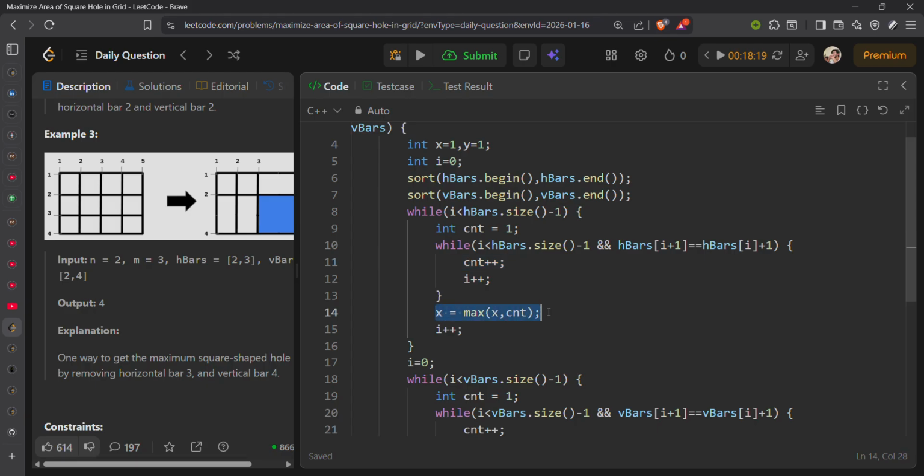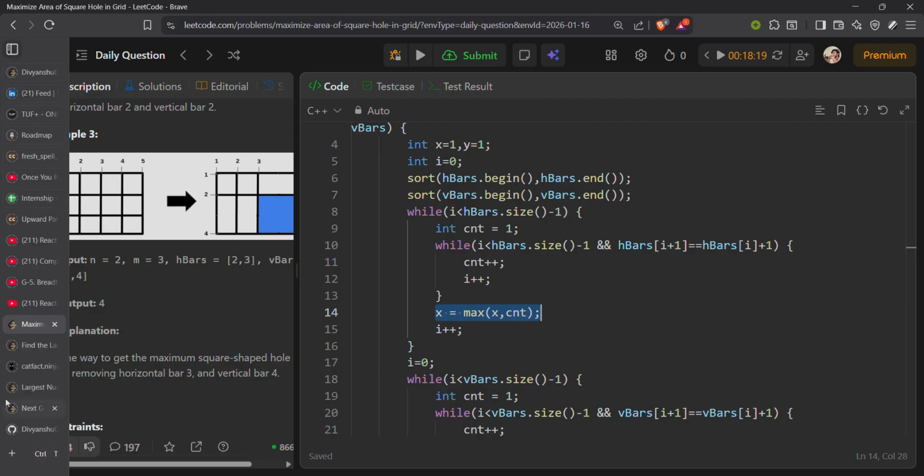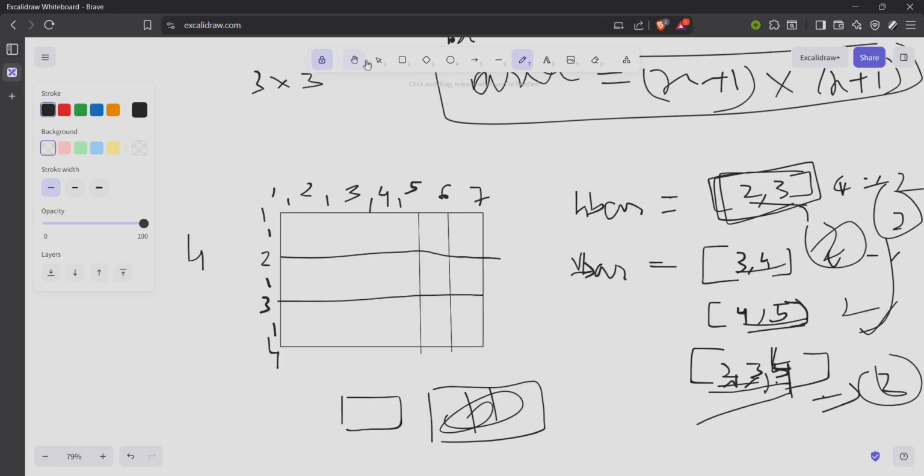And for x, there might be a case where we have 2, 3, 4, then we have 6, then we have 7, 8, or let me say we have 5, 6, 7, and 9.